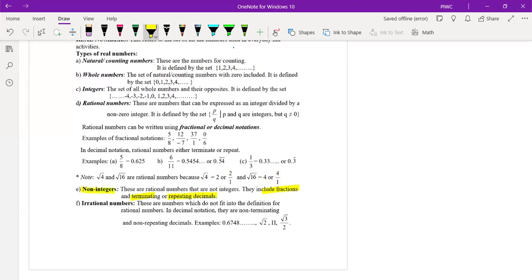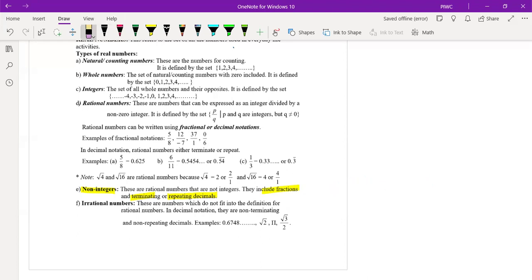So examples: 1/2 is a non-integer, 0.51 is a non-integer, and negative 2.5 is a non-integer.